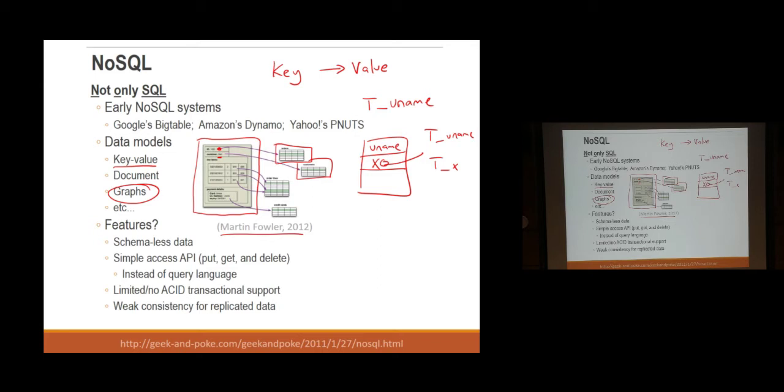VLDB is Very Large Database. It's a very prestigious, top-ranked conference. So at that time, I didn't really know why. Like, what is the connection between database and graph? You can actually represent a database as a graph, and this is what we're going to discuss.